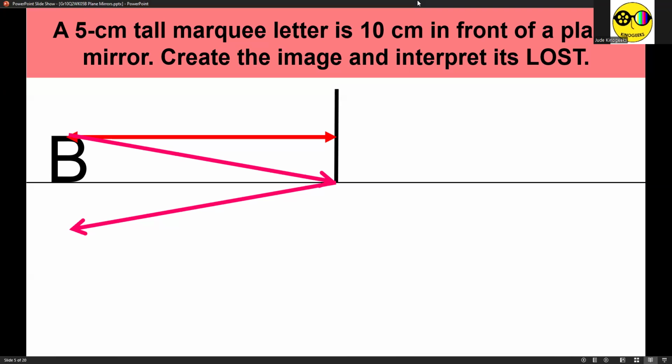As you can see, we have three unbroken lines, and these three never intersected with each other. That's why we still have to extend the reflected rays to the other side of the mirror. Our first reflected ray is the first arrow that was drawn a while ago, so extend it horizontally to the right to the other side of the mirror.